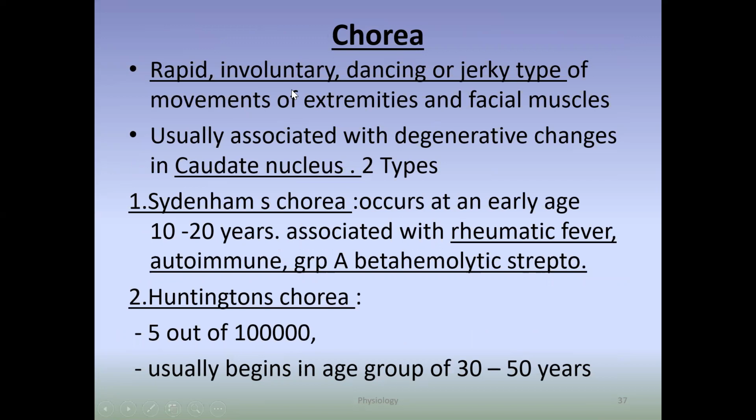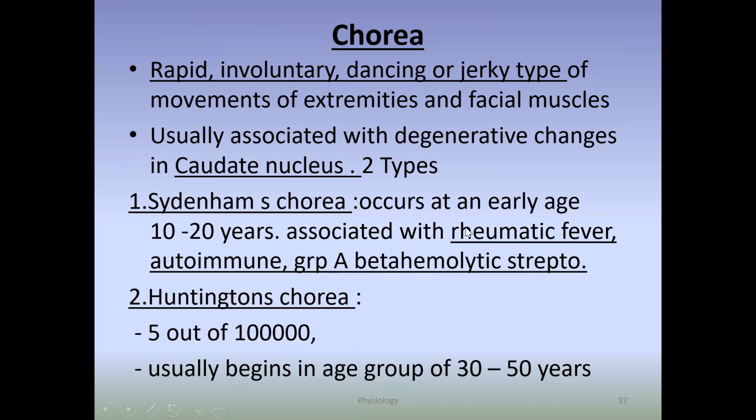Chorea: if there is damage to the caudate nucleus, that patient has involuntary dancing type of movements, very jerky movements of the whole body or typically in the facial muscles. It has two types, Sydenham's chorea and Huntington's chorea. Both are named after scientists.